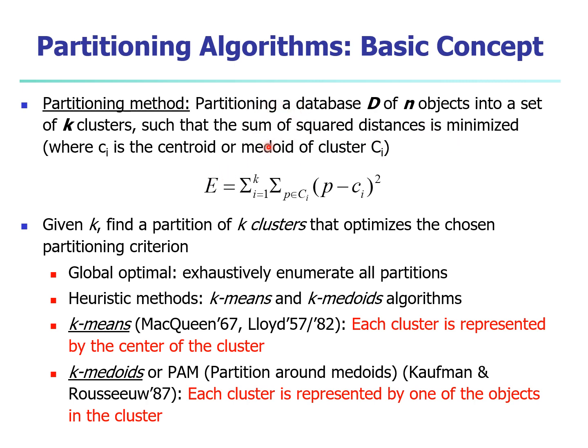The square distances are between the object and the centroid or medoid, and we're going to talk about the difference between each one of them in a minute.